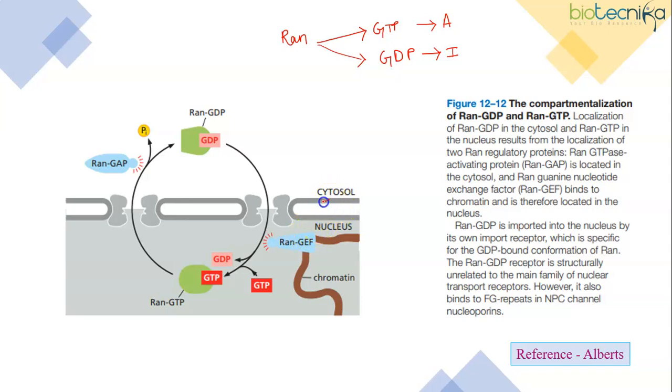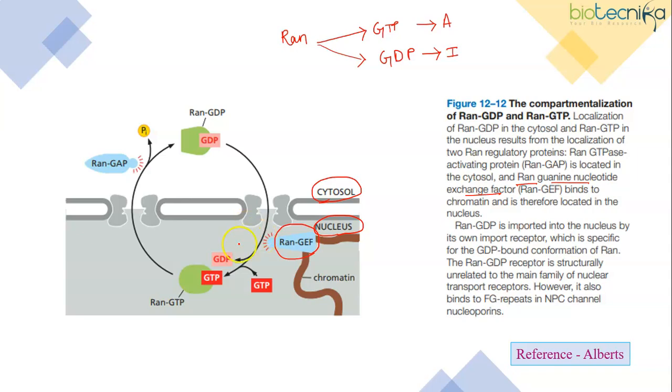As you can see here, we have the cytosol and this is the nucleus. Within the nucleus we have chromatin, and in this chromatin you will find RAN-GEF located. RAN-GEF means RAN guanine nucleotide exchange factor. Guanine exchange factor means some exchange is taking place.